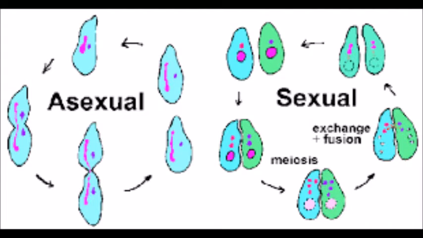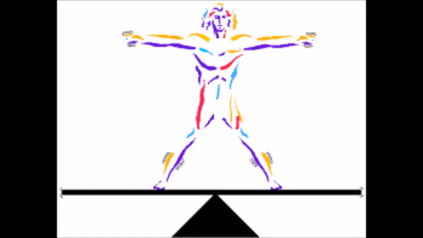Sexual reproduction involves cells from two parents that unite to form the first cell of a new organism. And asexual reproduction is where a single organism produces offspring identical to itself.